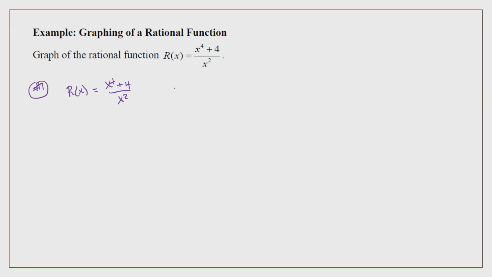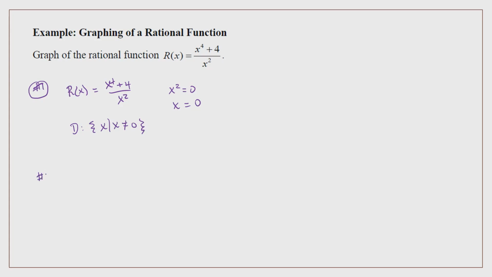And our domain, we would set our denominator equal to 0. So then x is going to equal 0. So our domain is going to be all x values except for when x equals 0. Okay.